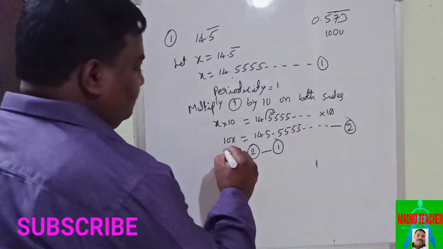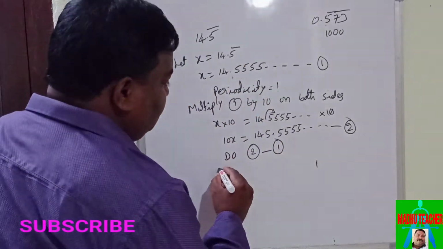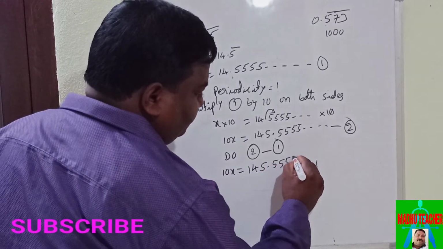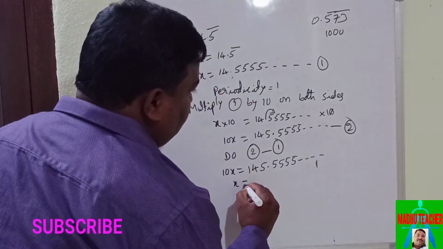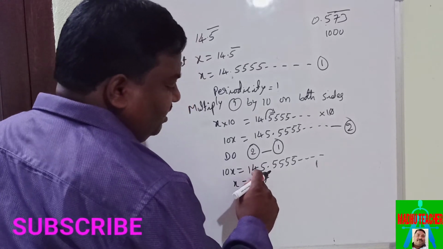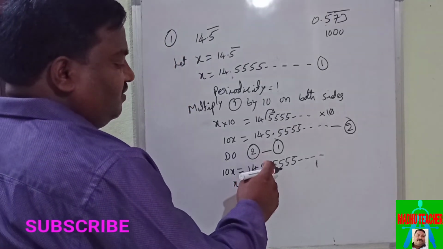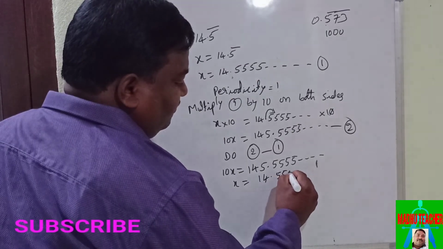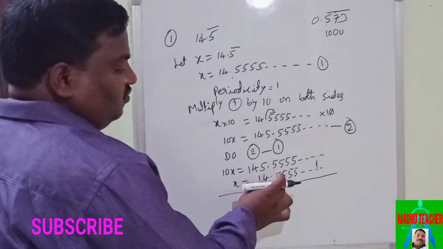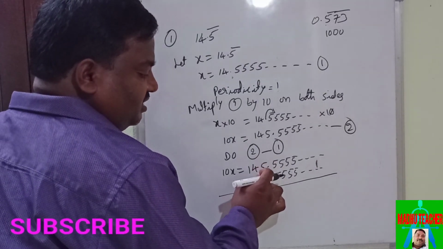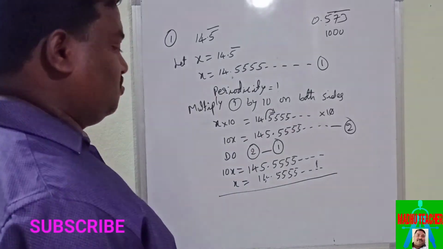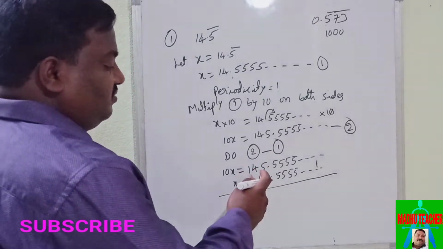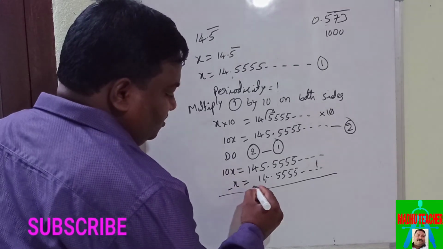The second equation is 10x equals 145.555 and so on. The first equation is x equals 14.555. Write the units digit under the units digit and the tens digit under the tens digit. Write 14 here, so that the tens digit is under the tens digit and the units digit under the units digit. If you write 14 under 14 instead, it will be wrong. You already know that. Now subtraction, change the signs.